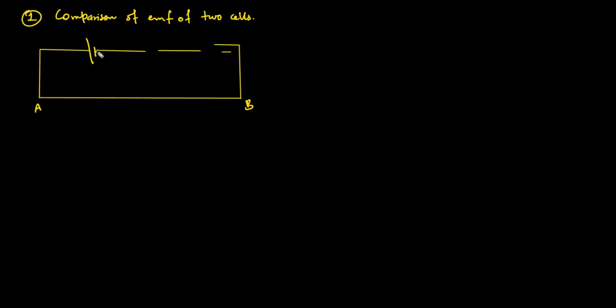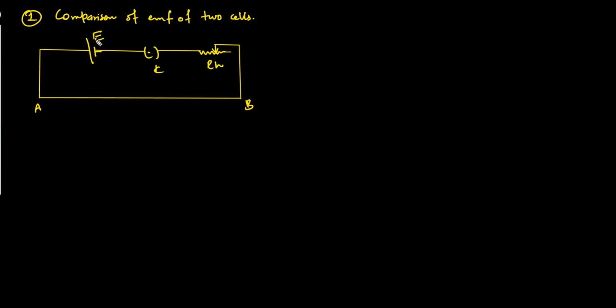So first application, comparison of EMF of two cells. Now for this, the primary circuit has one auxiliary cell, one key and one rheostat.